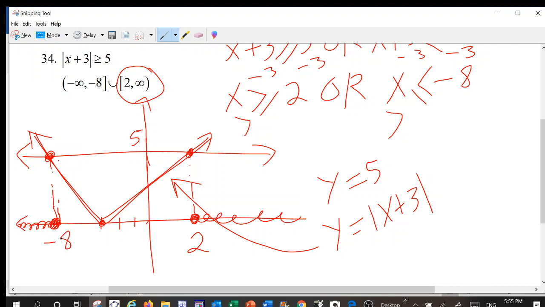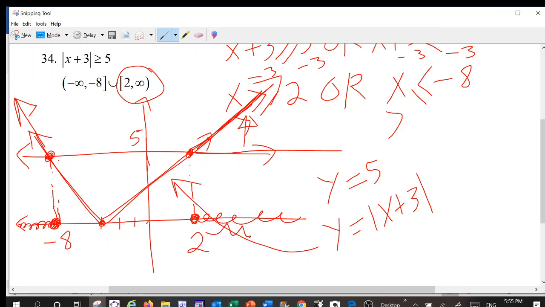So you see on the x-axis we see the solutions, and that is where the V-shaped graph is above the horizontal line.